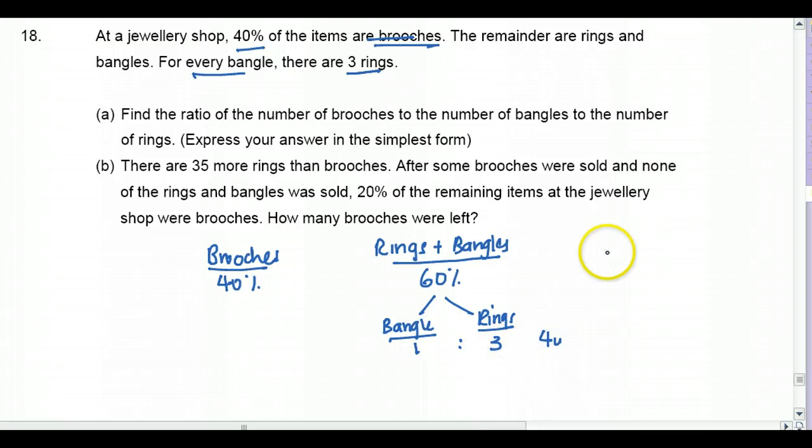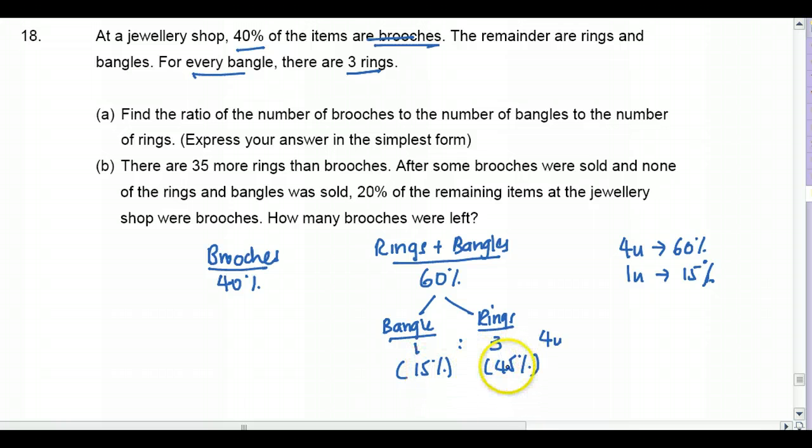Together there are 4 units. So 4 units is my 60%. 1 unit will be my 15%. So this bangle is 15%. And my ring is 45%. 15 plus 45 will give me 60%.